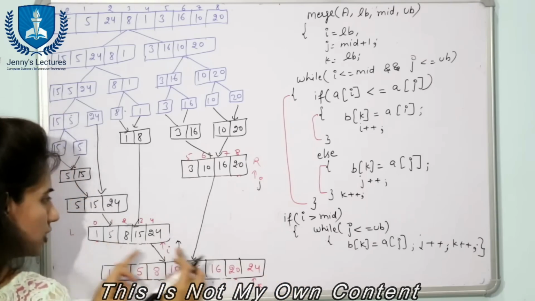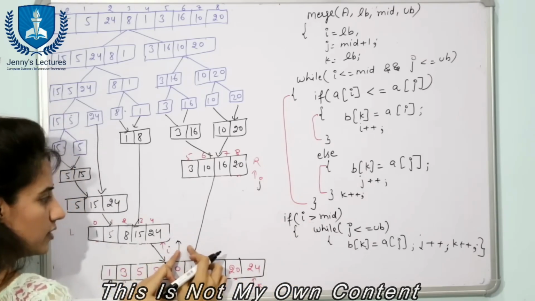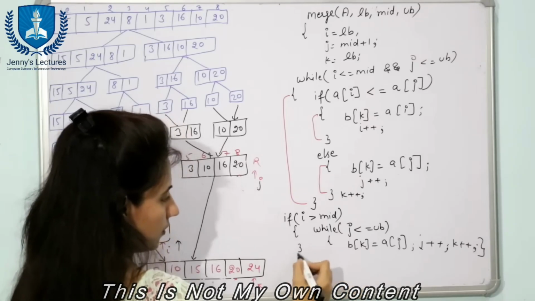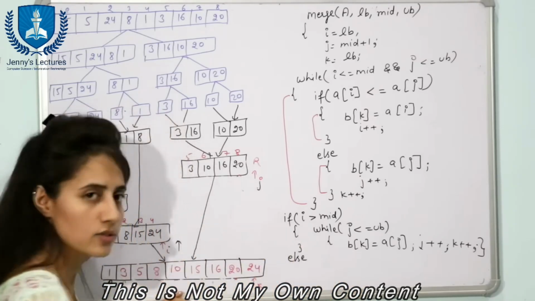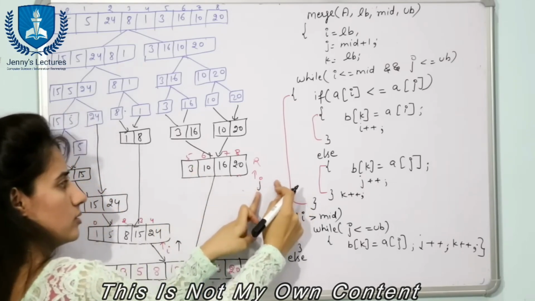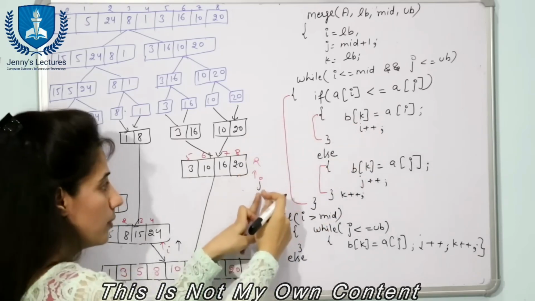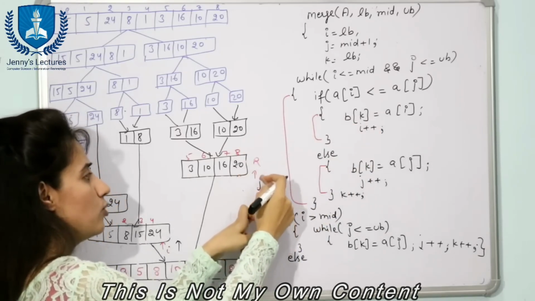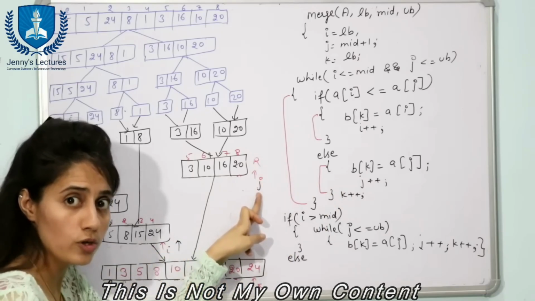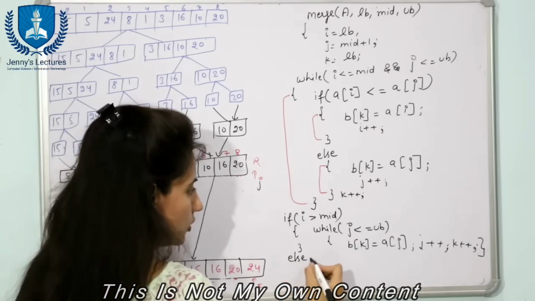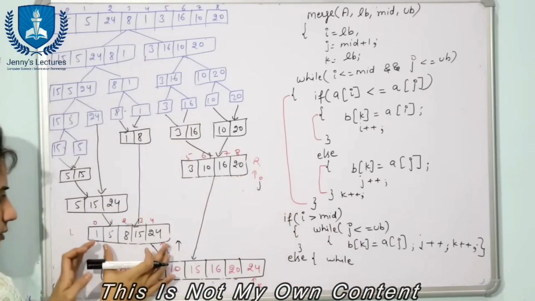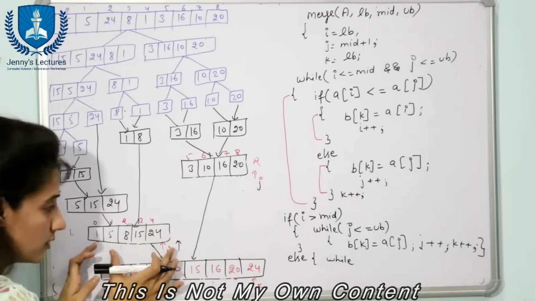Now the second case is there. Here i has reached greater than mid. Else, here the if has been closed. Else, if j has reached beyond its upper bound limit, that is j is now greater than upper bound, then maybe some leftover elements are there in this sublist.